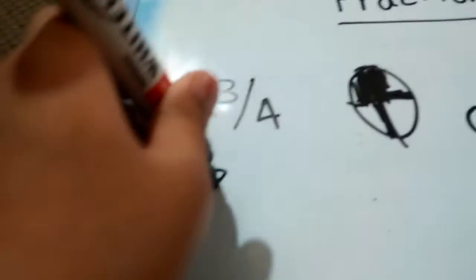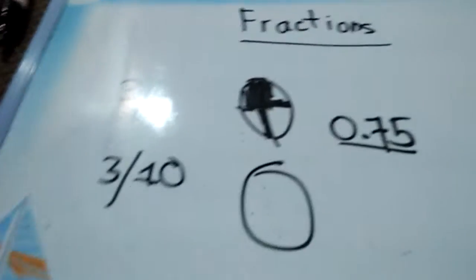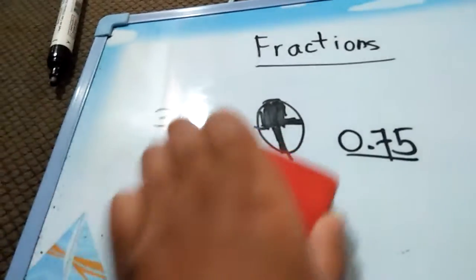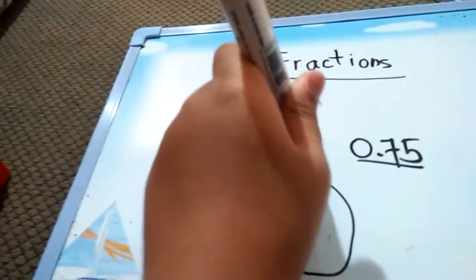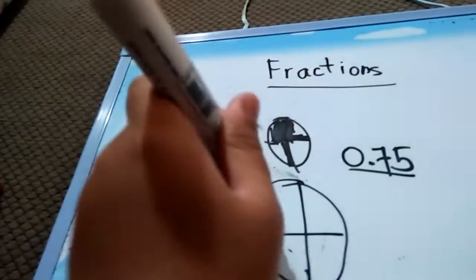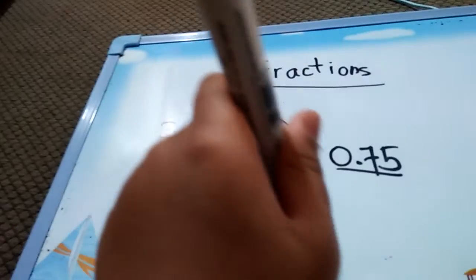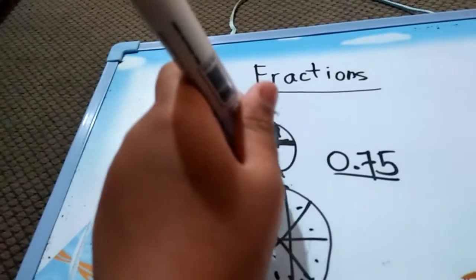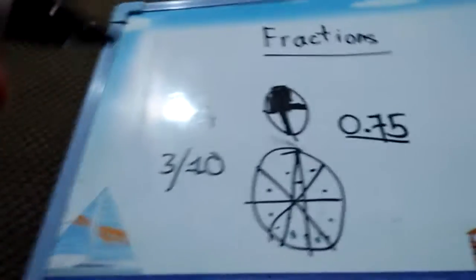But what if you divide 3 by 10? So this is 1, 2, 3, 4, 5, 6, 7, 8, 9, 10.